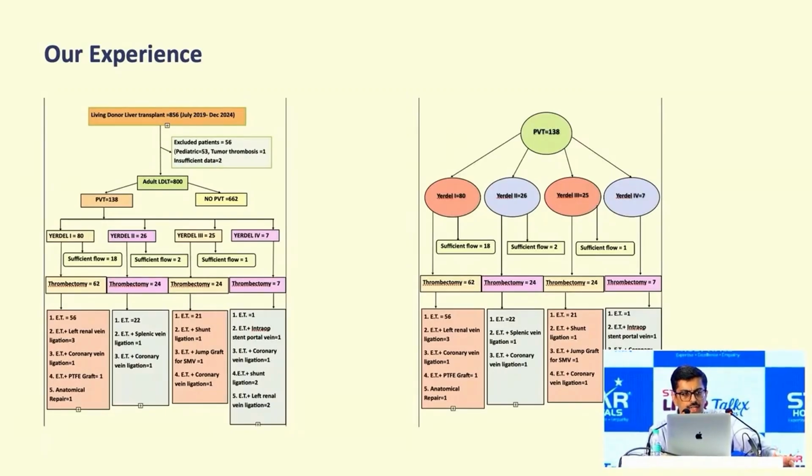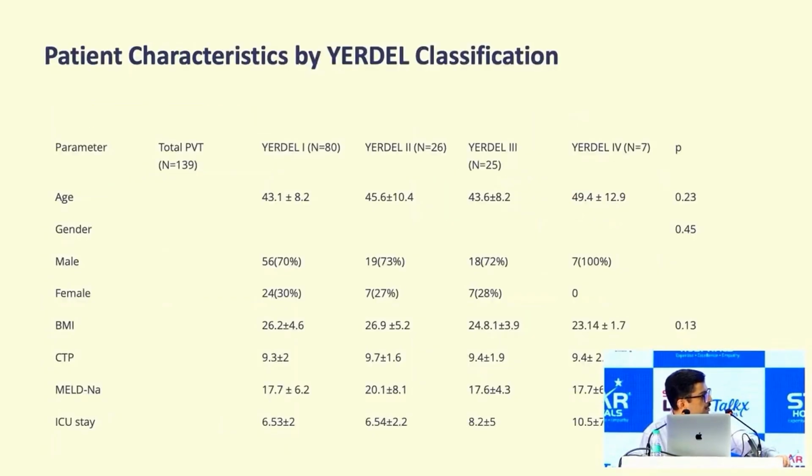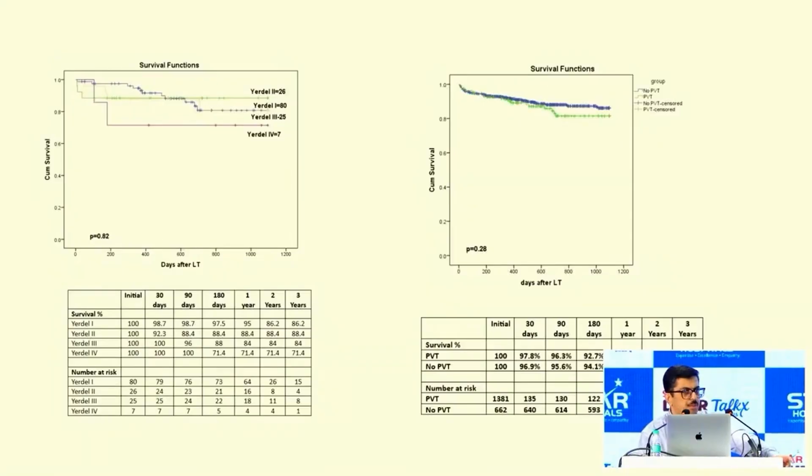So we looked at our data as well, 5 years, 860 transplants. We looked at 800 transplants, 138 had portal vein thrombosis. Most of them were grade 1, and Yerdle grade 4 was in 7 patients. Most of these patients we could get away with removing the thrombus by thrombectomy. And when we looked at our long-term survival, other than Yerdle 4, our survival was the same as patients with no portal vein thrombus.